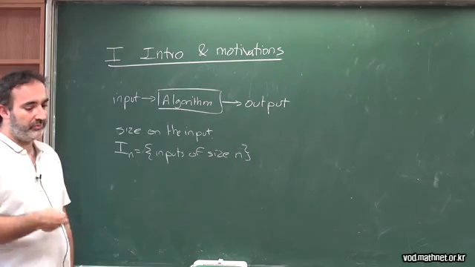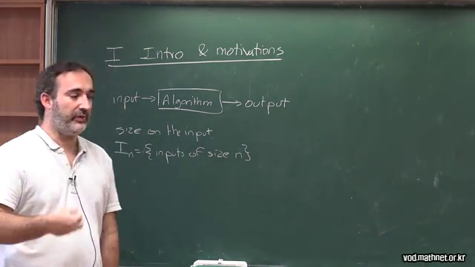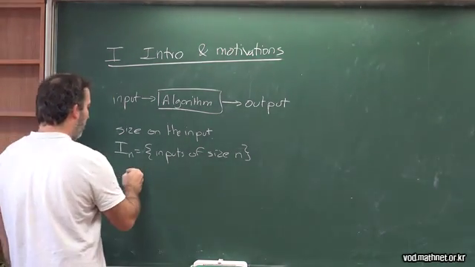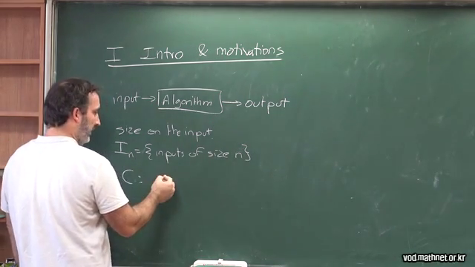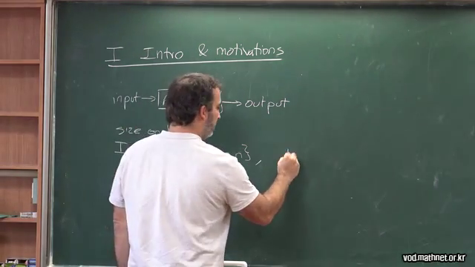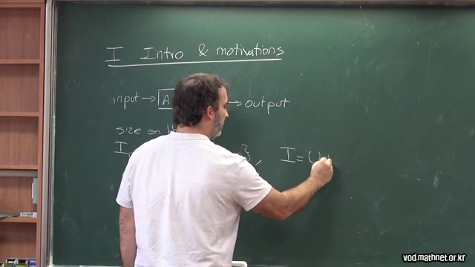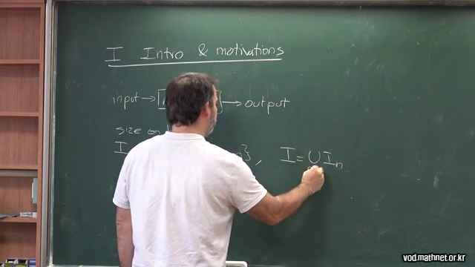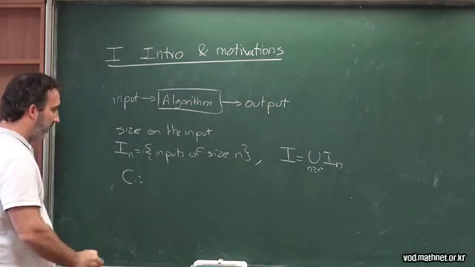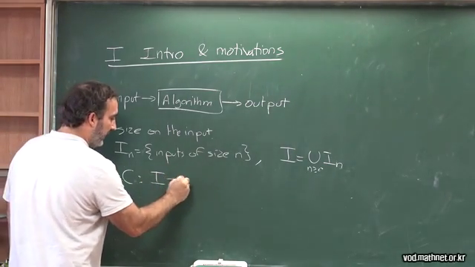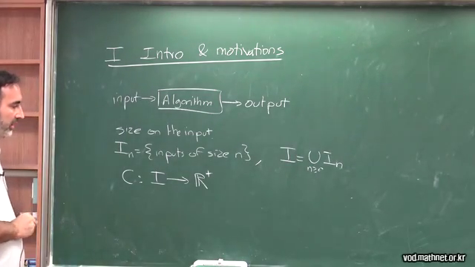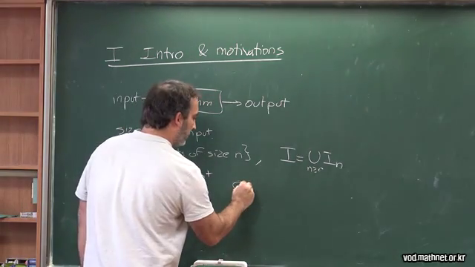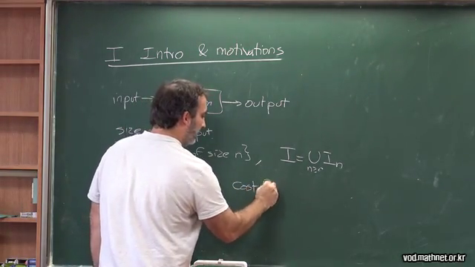It can be the amount of time, the amount of space, of energy, whatever you want. So C is a map, and I is all the inputs. And C is a map from I to, say, the non-negative reals, which is the cost for a given input.